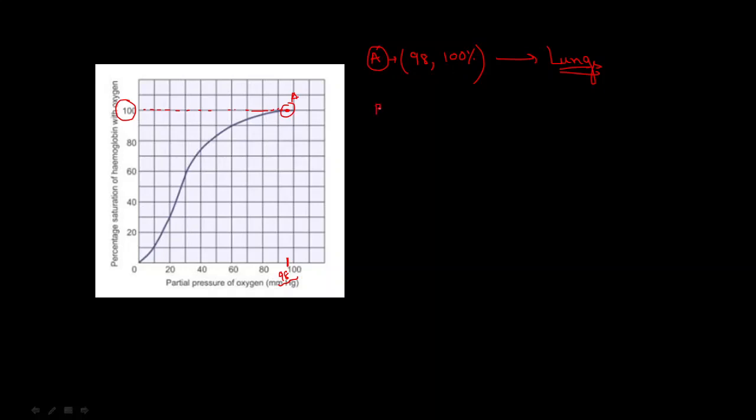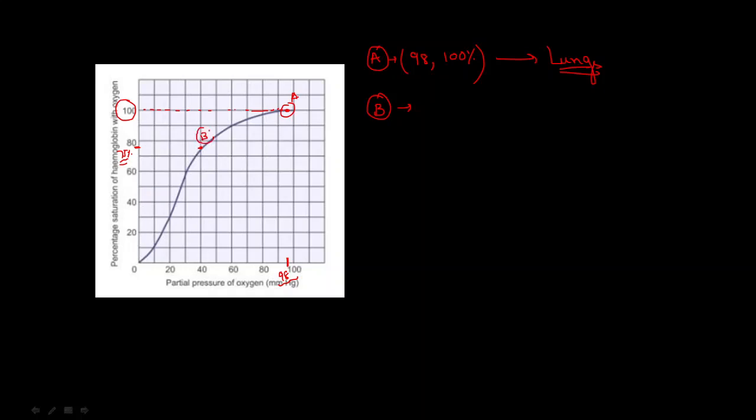Okay, now another situation, B. Situation B is when 75% of hemoglobin is saturated. So 75% will come somewhat here, right? The graph will drop down at the x-axis at 40, somewhere around here.